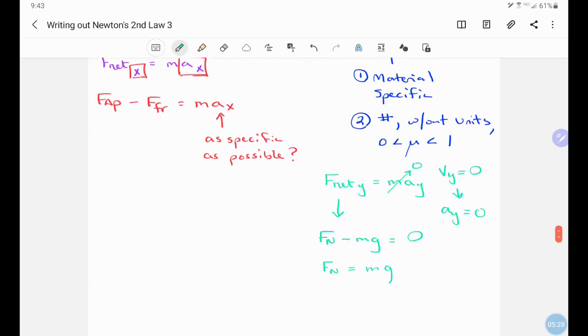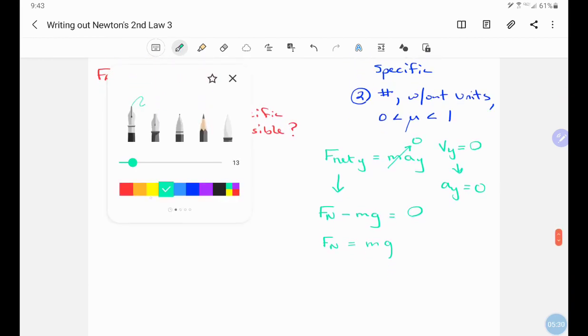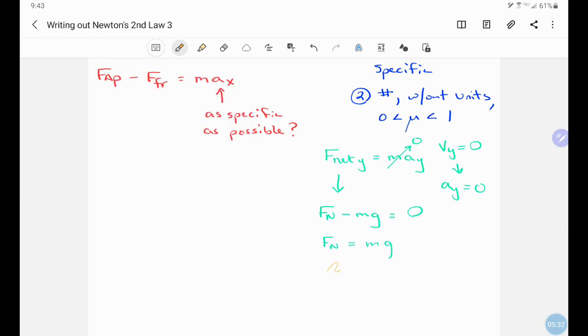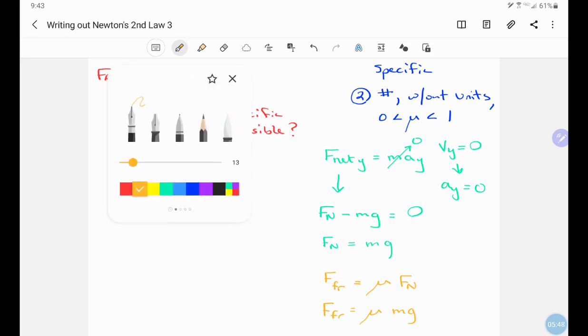From there, I will apply the relationship for friction that I have, which says friction is equal to mu times the normal force, which I know is equal to mg. Almost done.